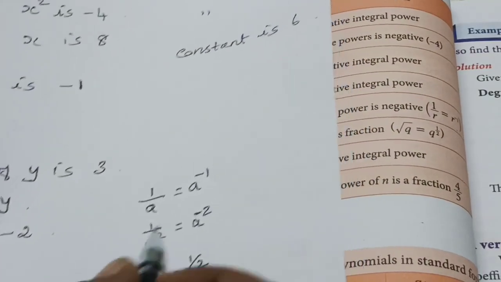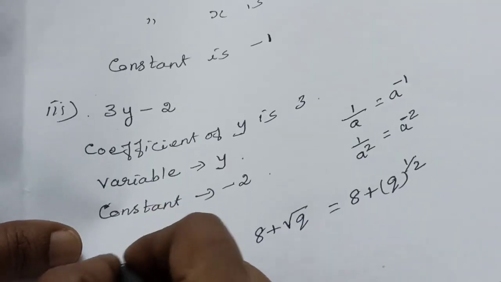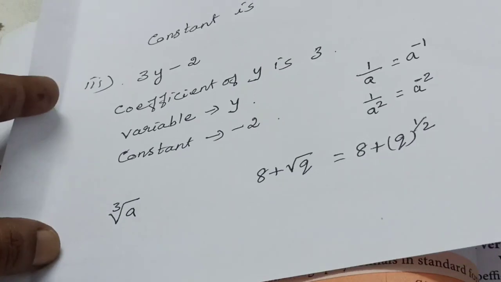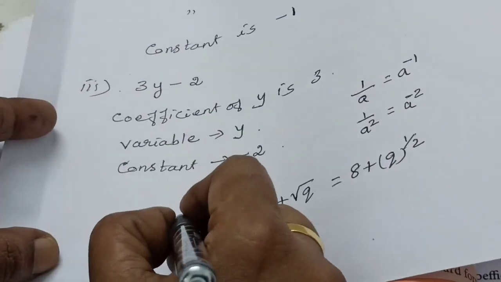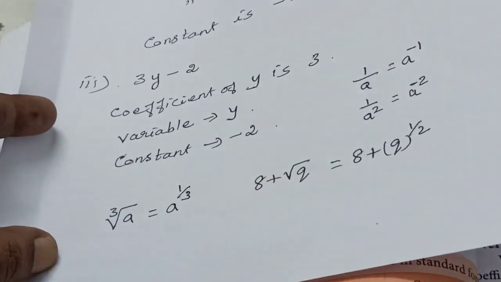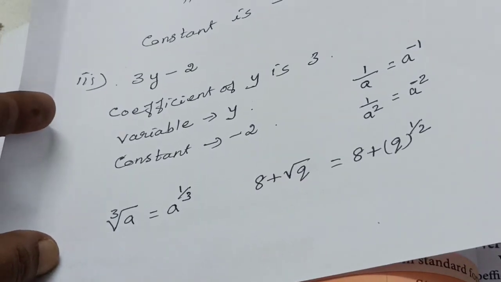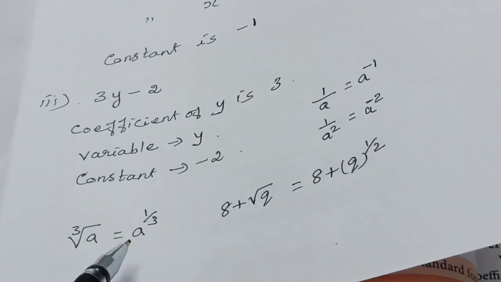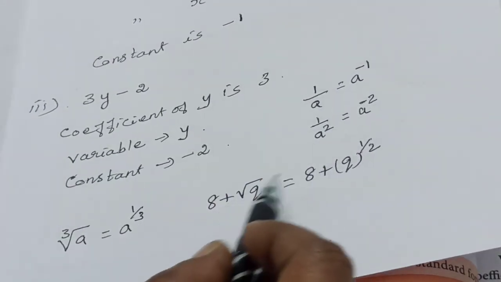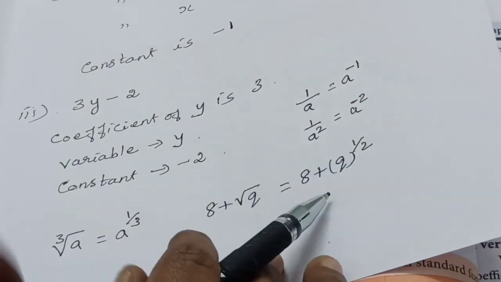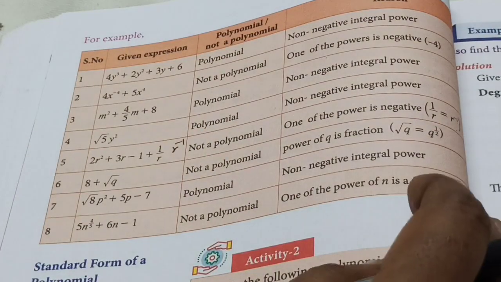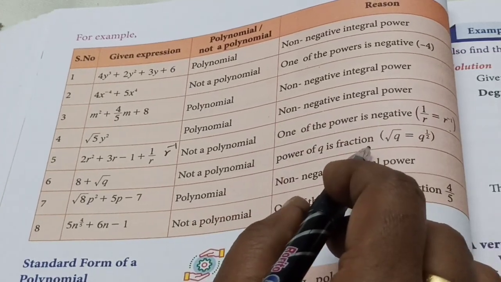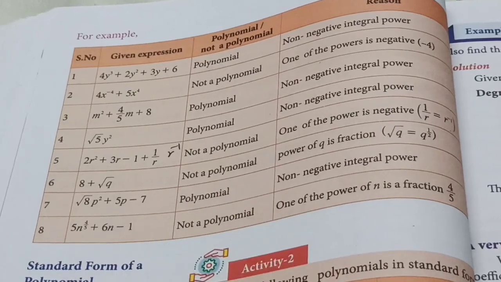Q power 1 by 2. Suppose cube root of a. How we can write cube root of a? A power 1 by 3. Have you understood? Like that, here also 8 plus q power 1 by 2. Okay, then power is fraction. Power of q is fraction. So it is not a polynomial.